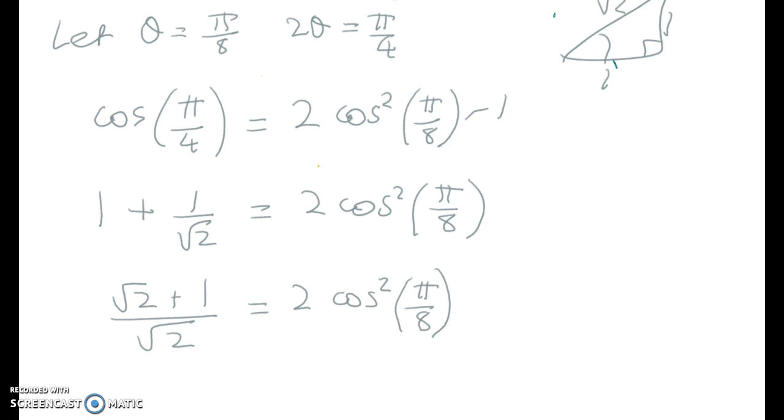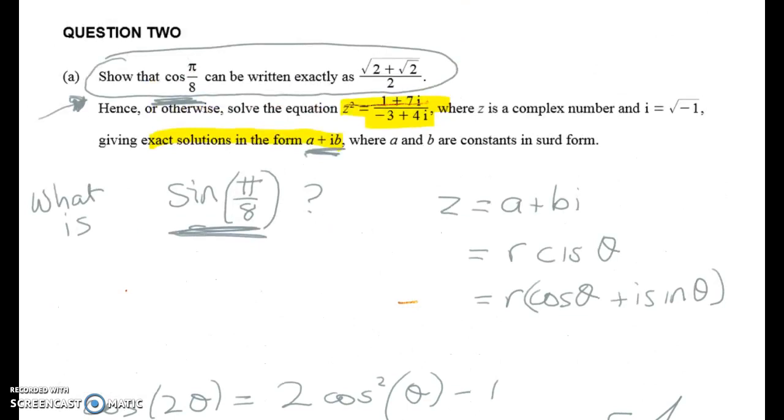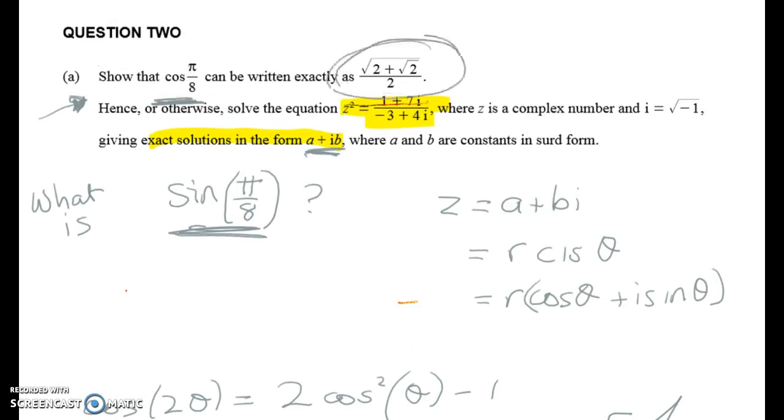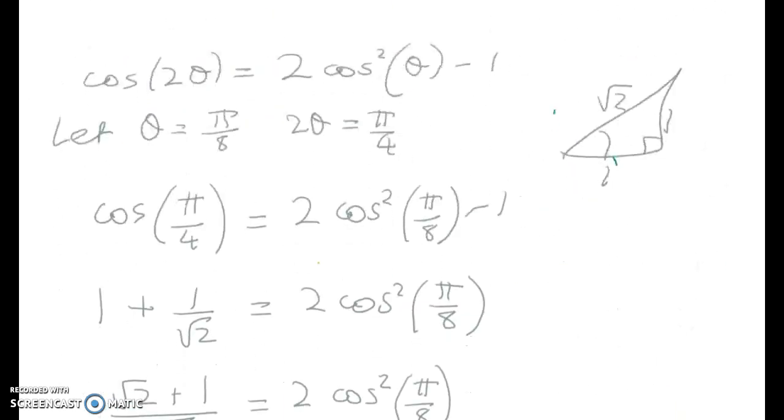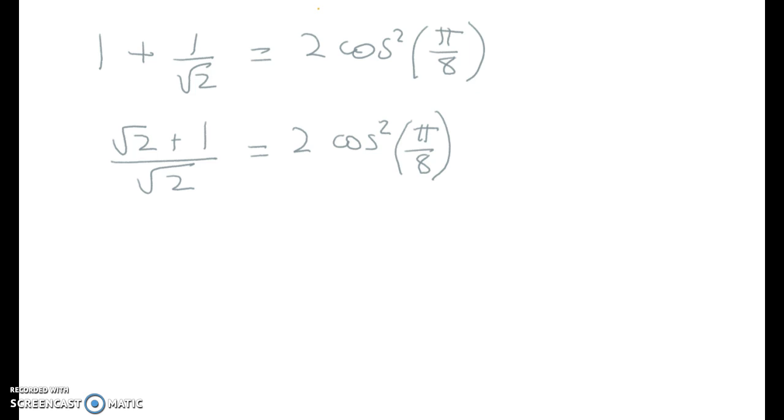Now, it's worth keeping an eye on where I'm trying to get to. I want to show that it equals this in the end. And you can see that I've got a 2 in the denominator, so no surds in the denominator. So it doesn't really matter when you do this, but we're going to rationalize the denominator. I might as well do it now. So that means I'm going to multiply numerator and denominator by root 2.